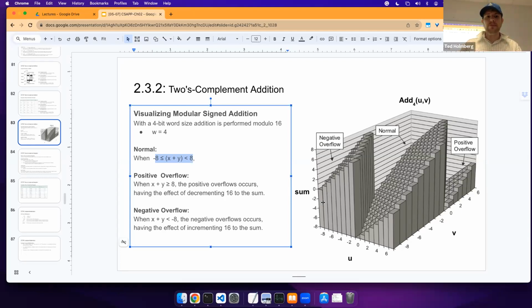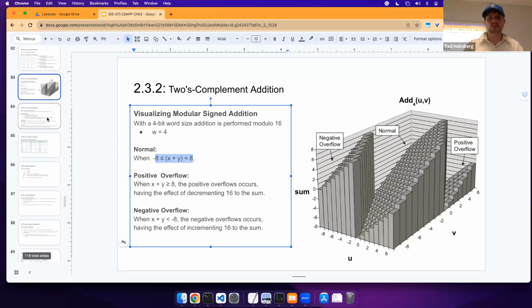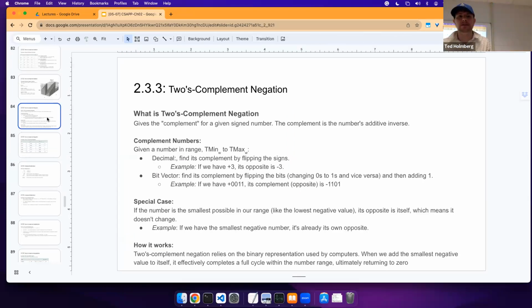So here, if we have our negative overflow, we capture that behavior here. And if we have our positive overflow, we have captured that behavior here. So just a way of visualizing what's happening there.